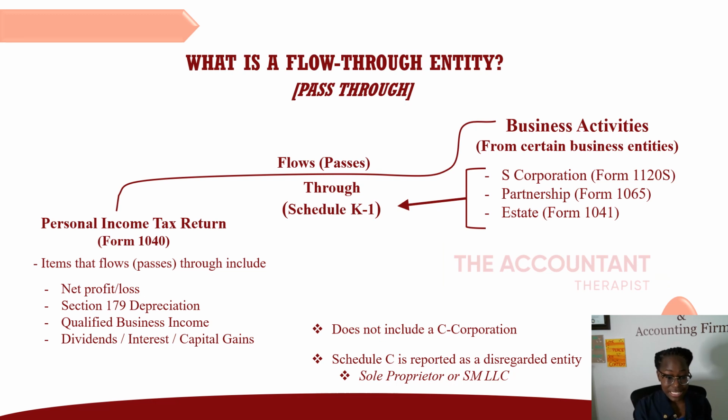Ultimately, what this means is if you have any engagement with a pass-through entity, or if you are a disregarded entity, you cannot file your personal income tax return until you receive either your Schedule K-1 or you've organized all your expenses and income that needs to show up on your Schedule C for your business activities if you're a sole prop or a single member LLC.